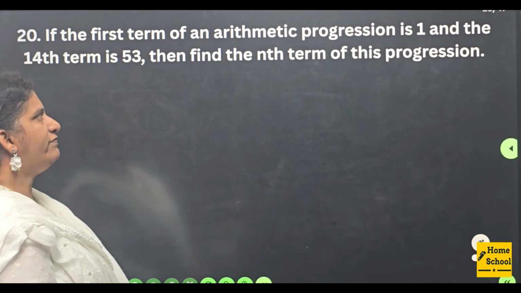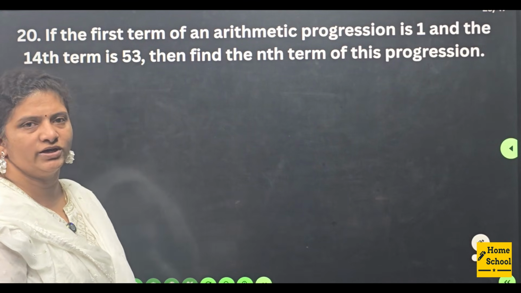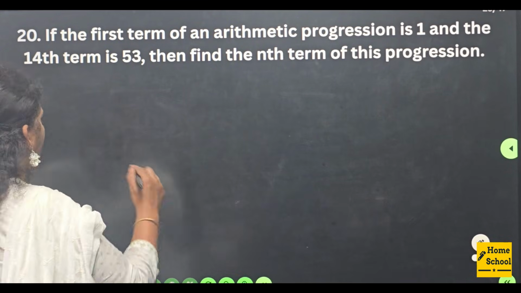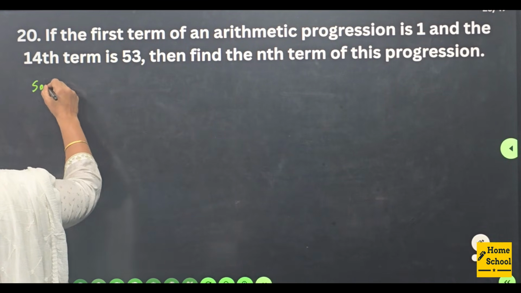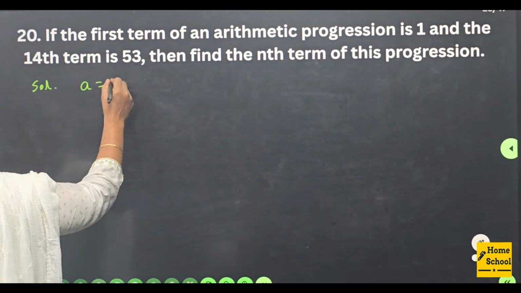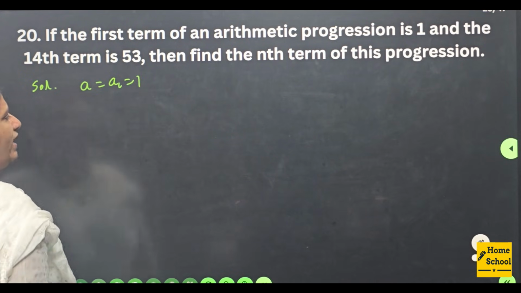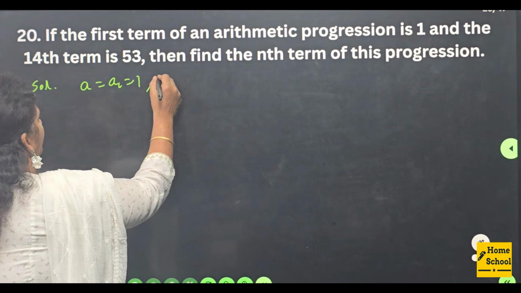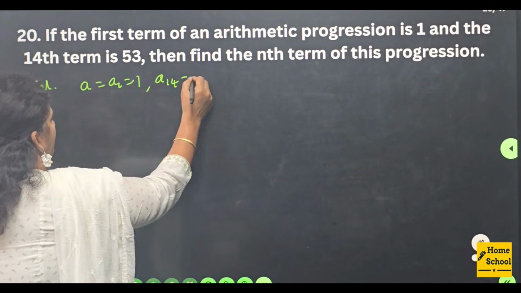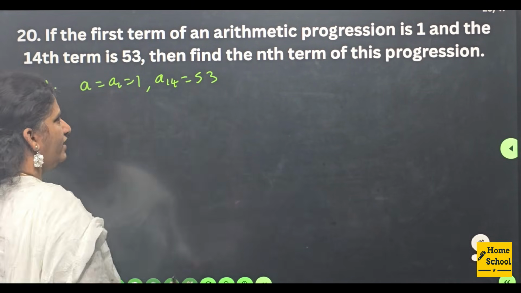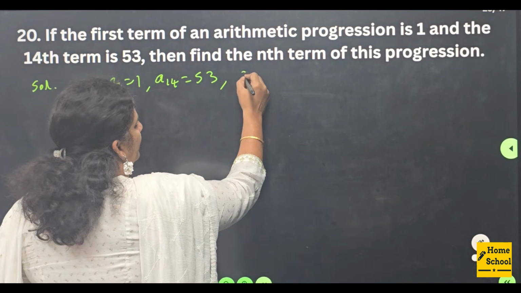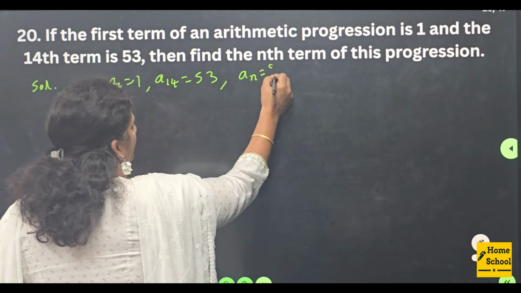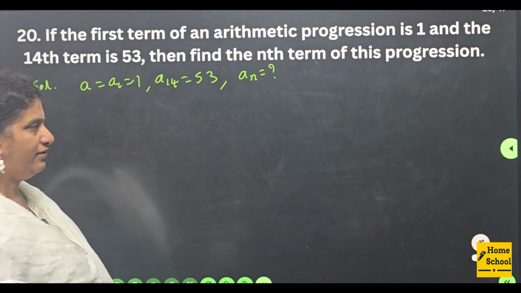20. Given the first term of an arithmetic progression a, or a1, is equal to 1 and the 14th term a14 is equal to 53. Then find the nth term of this progression. Right?